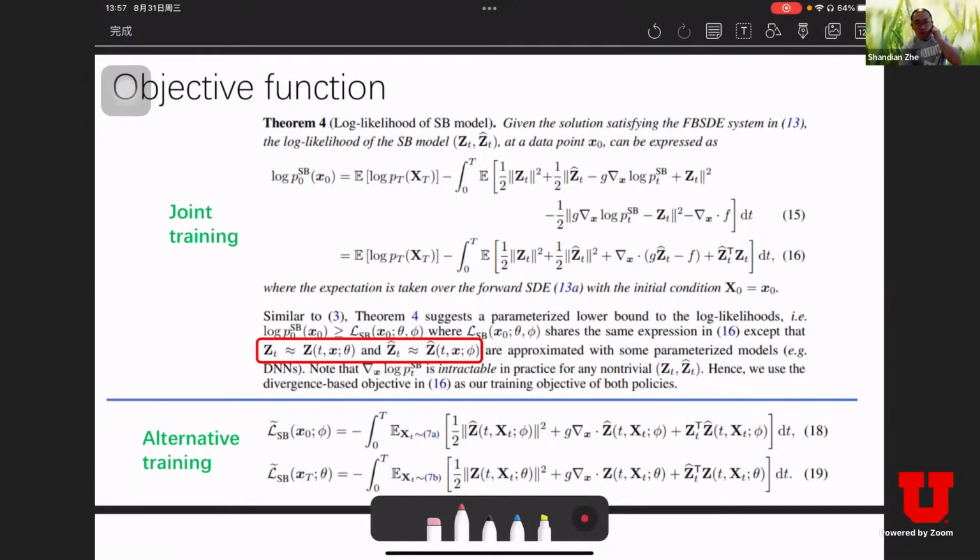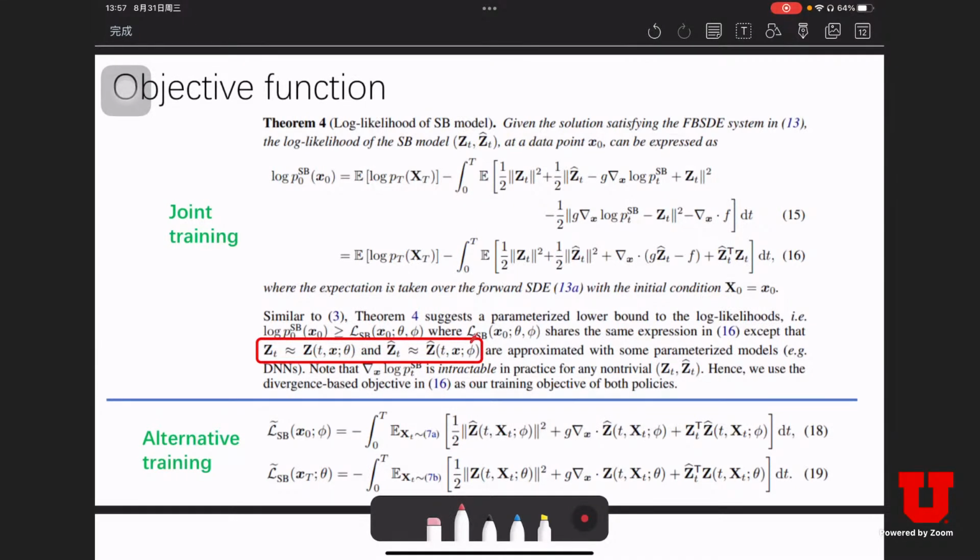I don't get the full details here, but I show you the final objective functions we want to handle. They have two kinds of objective function we can build to solve this problem.